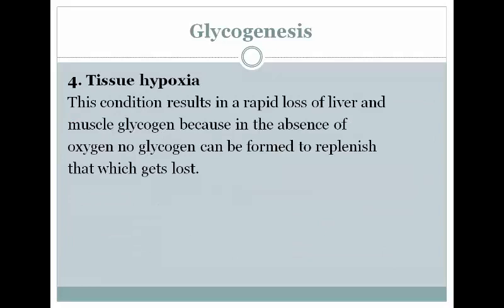This condition is also associated with decreasing the glycogen stored in liver and muscles, because in the absence of oxygen, no glycogen can be formed to replace what gets lost. So in tissue hypoxia, where there is no oxygen in tissue, there is rapid loss of liver and muscle glycogen.